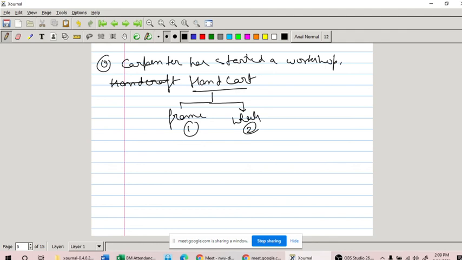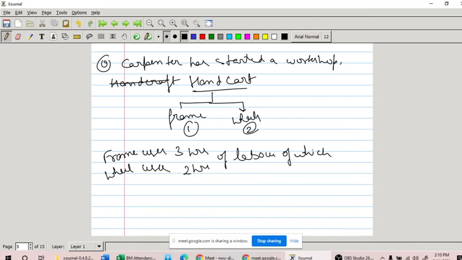A frame uses 3 hours of labor and a wheel uses 2 hours of labor, of which जिसके 90 hours पर वीक अवेलेबल हैं. ध्यान दीजिएगा, this is the complete question.